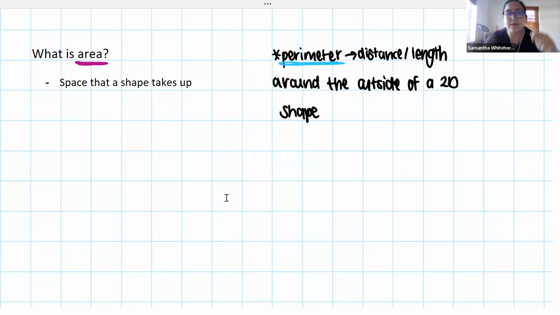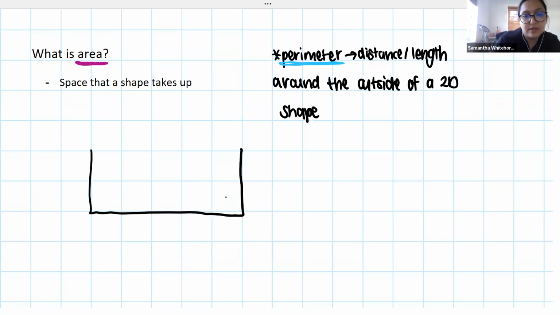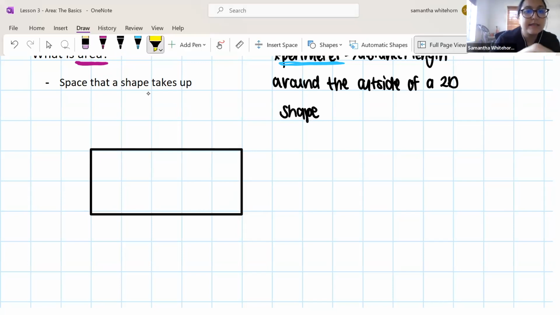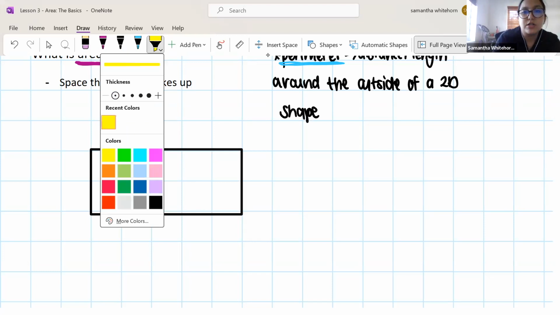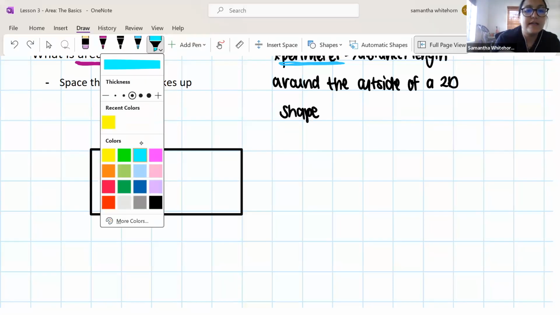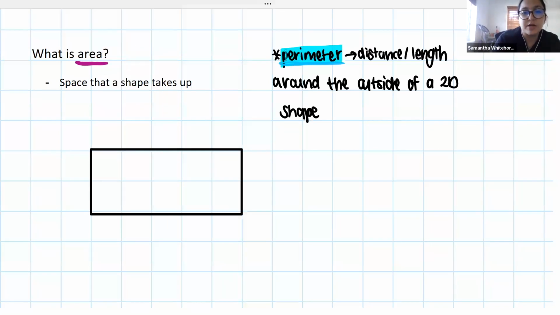That's what area is. So just to define this a little better or visually for ourselves, if we consider just a basic rectangle, okay, my rectangle is not the most beautiful thing in the world, but we're just going to roll with it. If we consider what the perimeter of a shape is, we know that the perimeter is the length all the way along the outside of my shape, right?